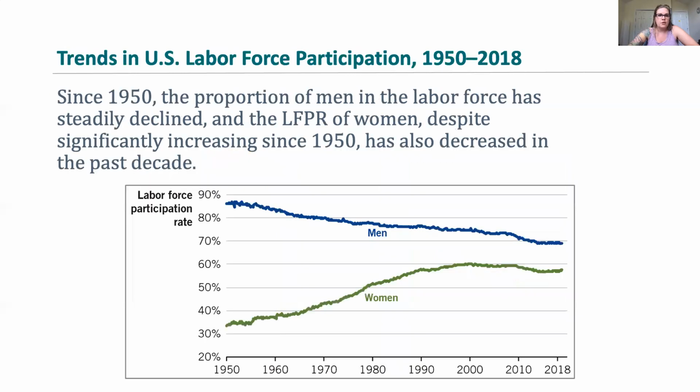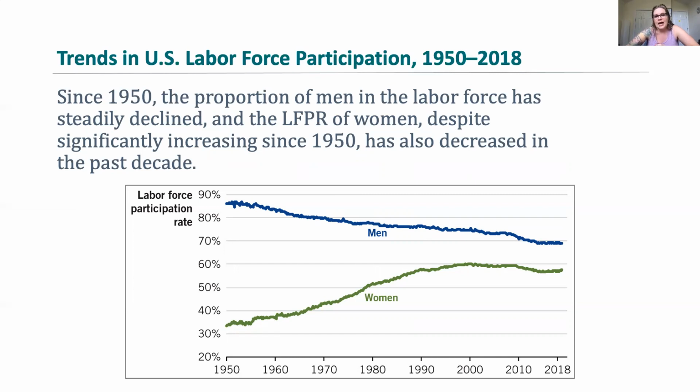Let's look at another trend in the US labor force. If we were to break this down by sex, between men and women, then the proportion of men in the labor force has pretty steadily declined since the 1950s, while the labor force participation rate of women has significantly increased.